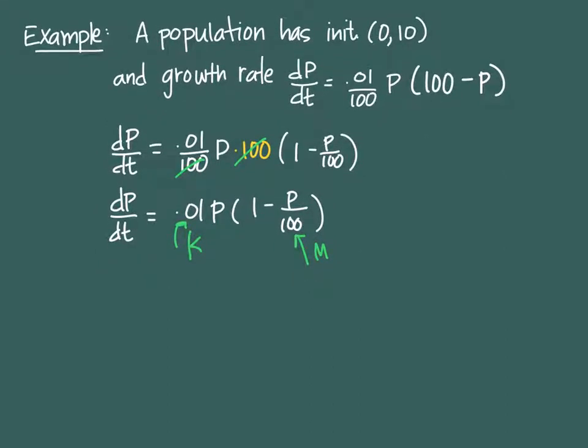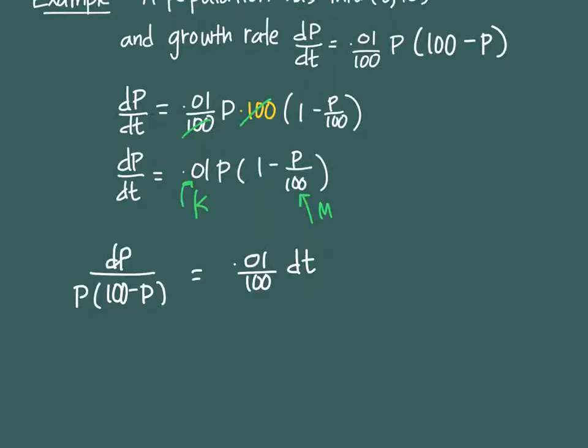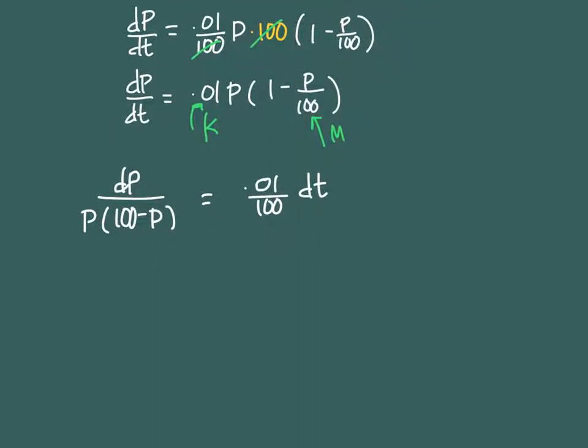But when I separate and integrate, it's going to look like this. dP over P times 100 minus P equals 0.01 over 100 dt. So I just separated all the P's to one side and the 0.01 over 100 to the other. And now we're going to integrate.